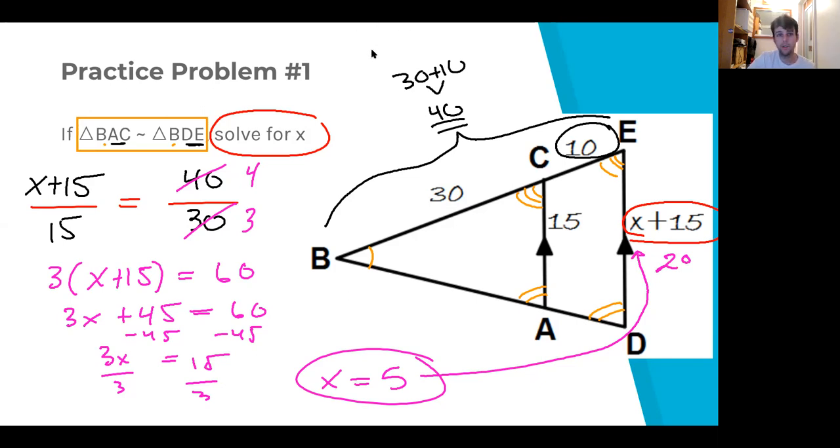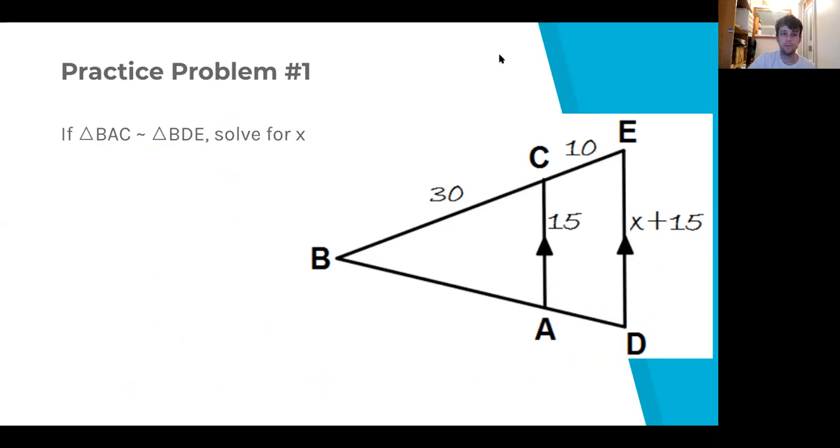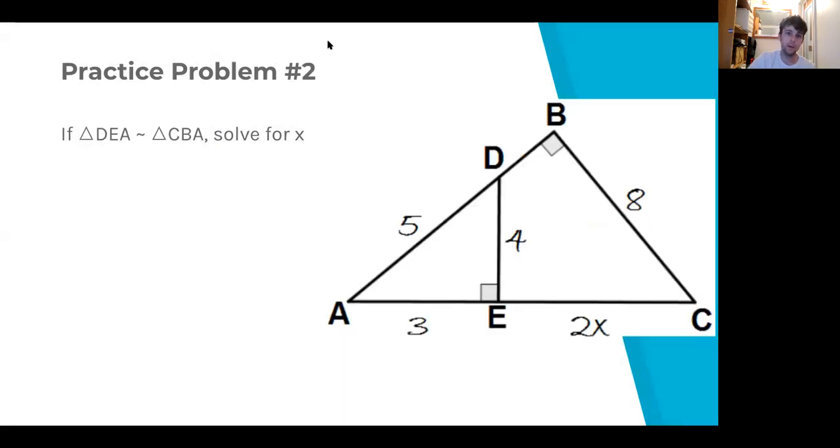Okay, let's go ahead and clear this, move on to the next example. So here we go, we have another set of similar triangles. In this case, the similarity statement is going to be pretty useful. These triangles are kind of oriented weird, and it's sort of an overlapping situation, except you'll notice that we don't have any parallel lines, so we can't use the same ideas that we had before.